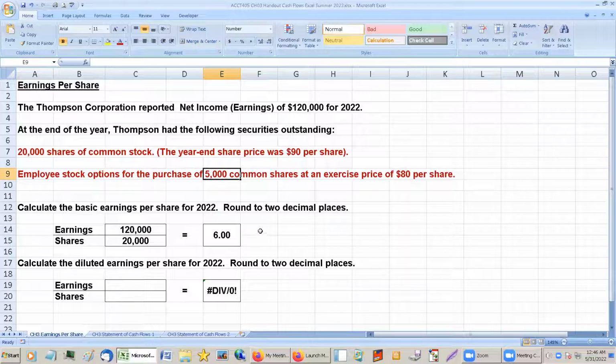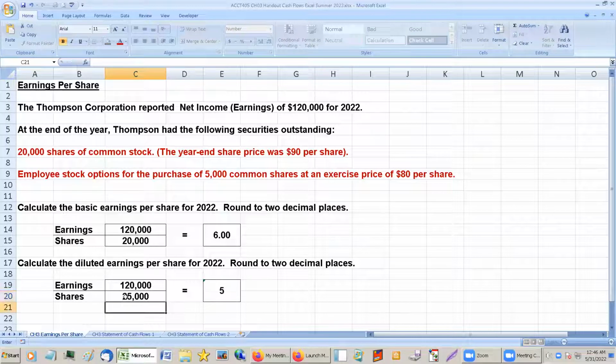So the earnings per share would be $6. Now for the diluted ones, we have 20,000 plus this 5,000, so it's possible they have 25,000. In that case, it'd be $4.80 per share.